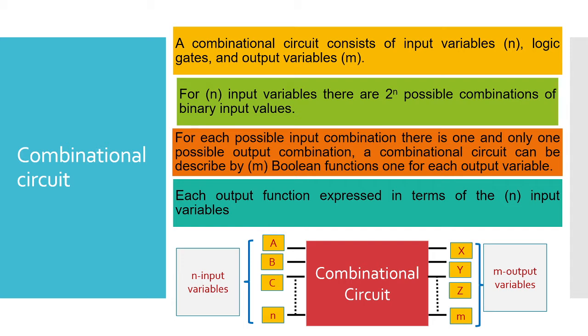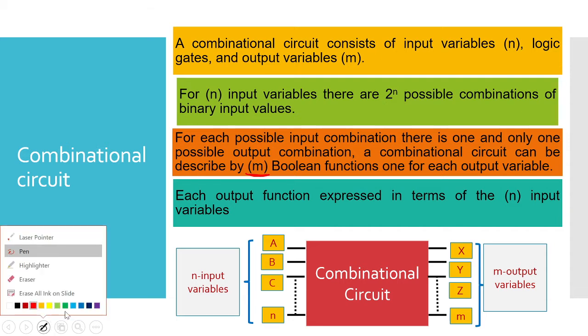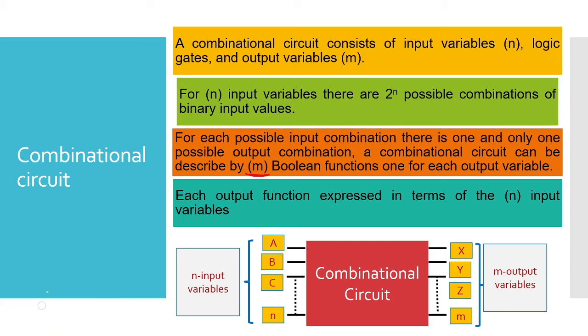A combinational circuit can be described by m Boolean functions. So note this point that it is a multiple output combinational circuit. That means you need to find m Boolean functions. The m output variables are there, that means you have to find m Boolean functions, one for each output variable. This is an important point. And each output function is expressed in terms of the n input variables.